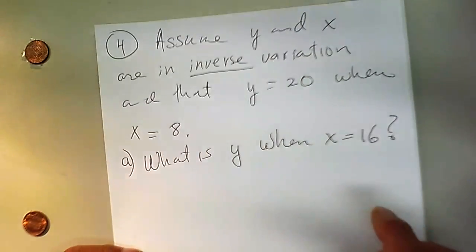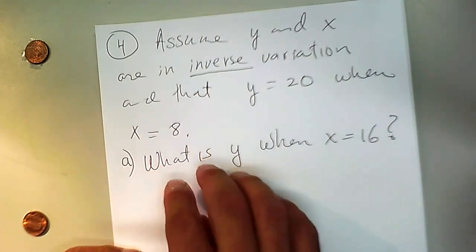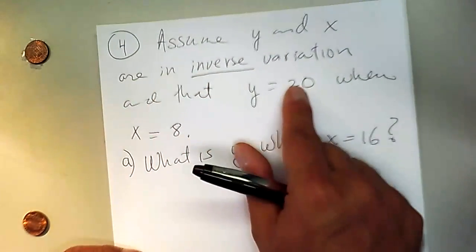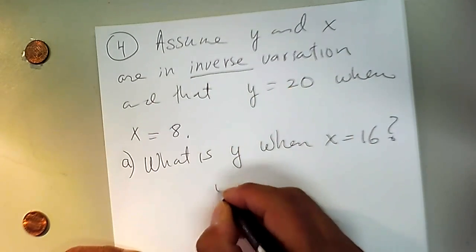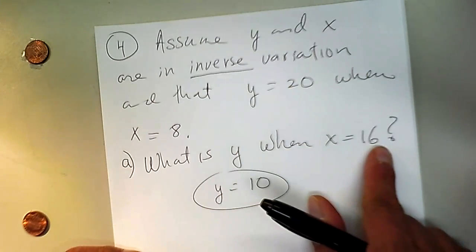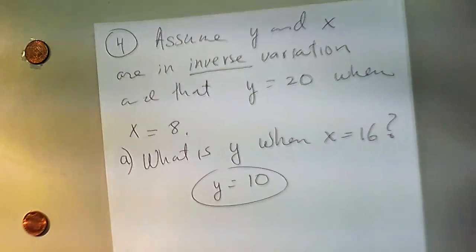So just by using pure common sense and having a good idea of what inverse variation means, I know that when we double this, this has to be cut in half. So the answer would be y has to be 10, because double implies half. Double of one implies half of the other.